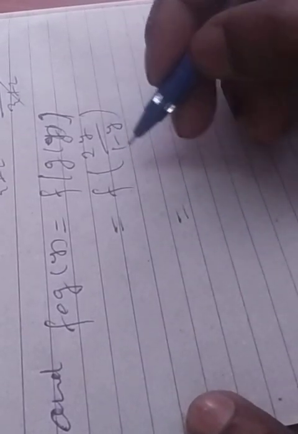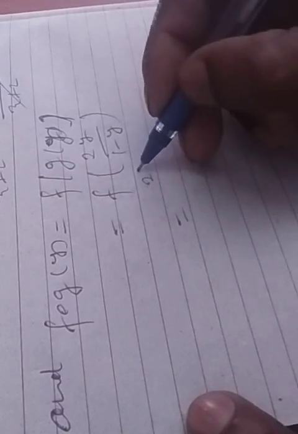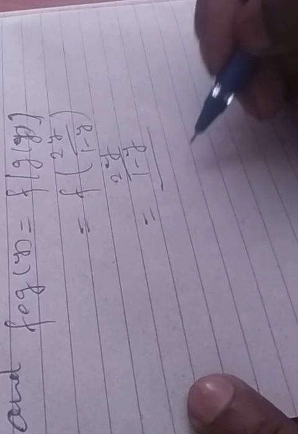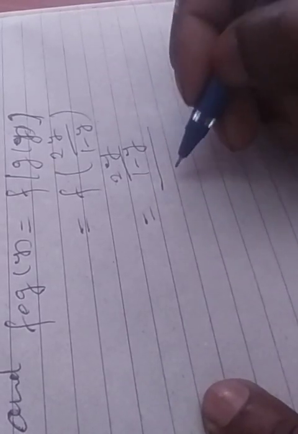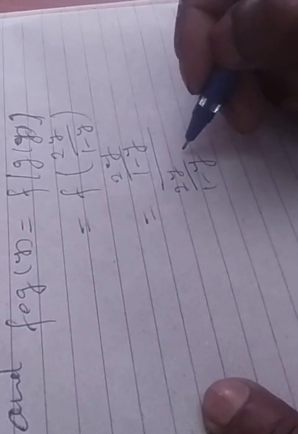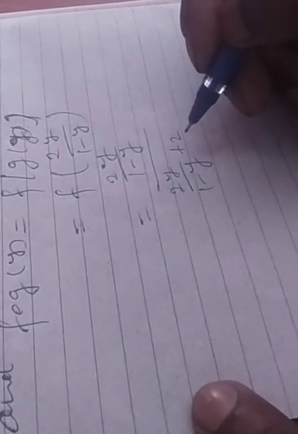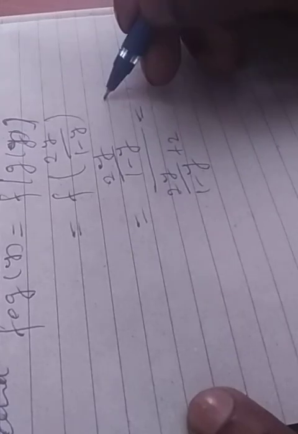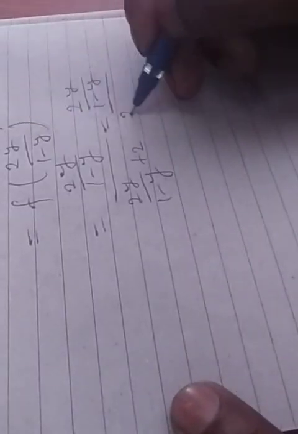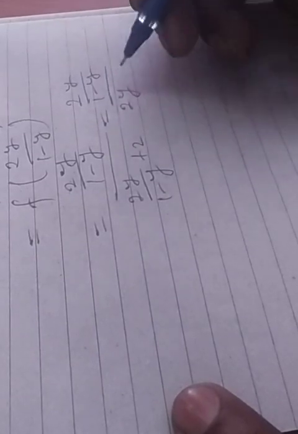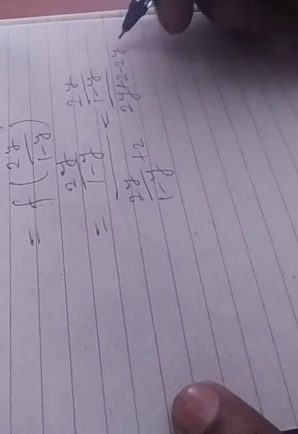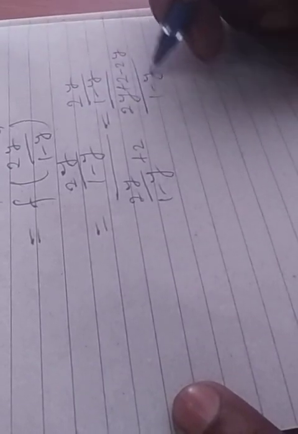Then we can write [2y/(1-y)] upon [2y/(1-y) + 2], and this gives 2y/(1-y) upon (2y + 2 - 2y)/(1-y).